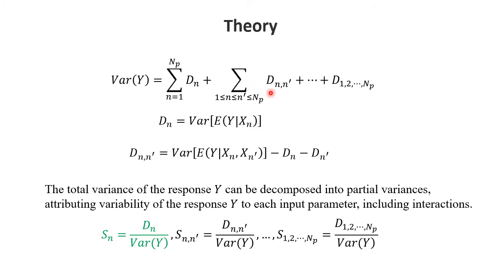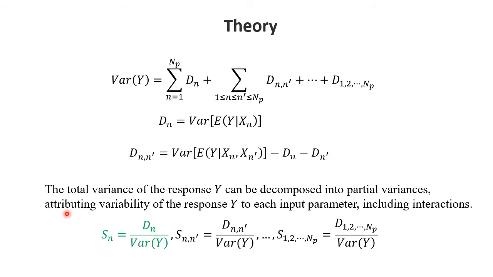We can also now look at conditioning on two variables. So we have here the conditional expectation of y given any two of those variables. Again, this would be a function that has some variation. That variation goes into this term, accounting, of course, for the marginals of these variances, which are over here.